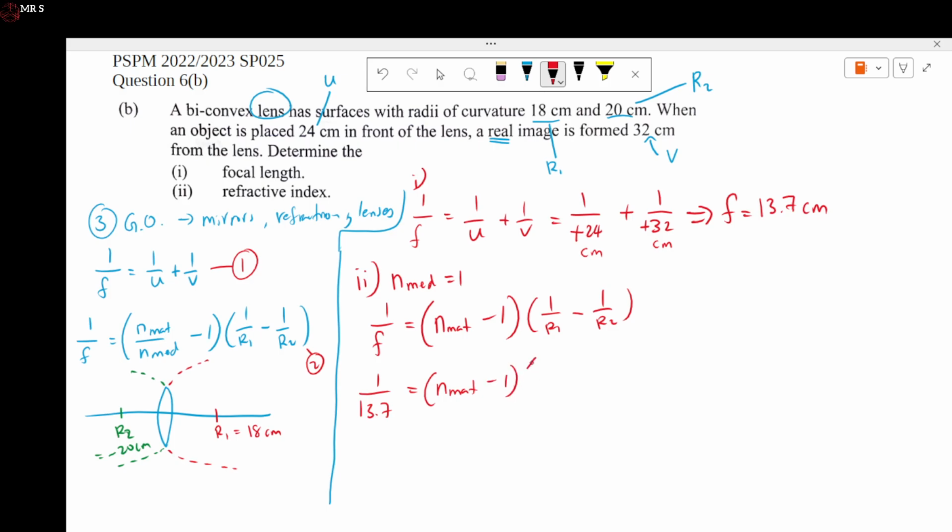And then the first value, my R1, is positive 18, and then minus 1 over negative 20. The reason it's negative is that its radius is on the incoming light ray side. So this is my light ray. Now, if you were to solve that, what you're left with is that the refractive index of the material is 1.69, and that is your final answer.